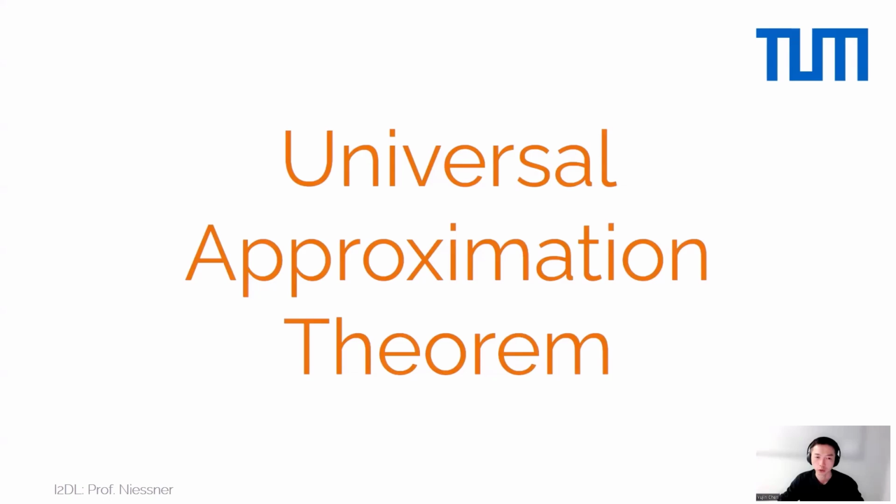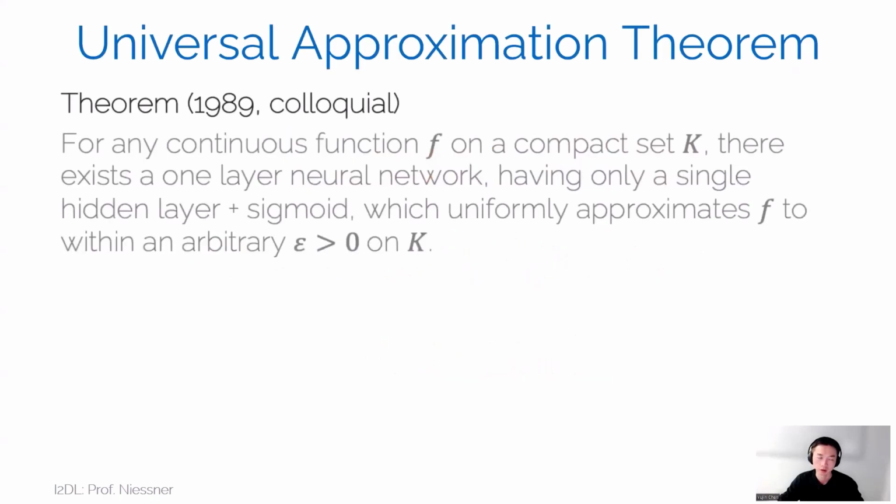So first, we want to show some basic concepts of the universal approximation theorem. It's from several decades ago, and it means that for any continuous function on a compact set, you can find a one-layer neural network, with only a single hidden layer and an activation function, take the sigmoid as an example, though you can also use others.